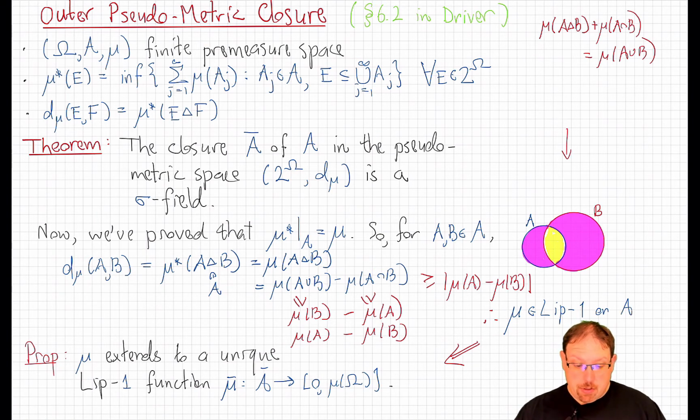Now it follows directly from there that mu has a unique Lip-1 extension to the closure. There is our extension. It is a Lipschitz function defined on this closed set, which also happens to be a sigma field.